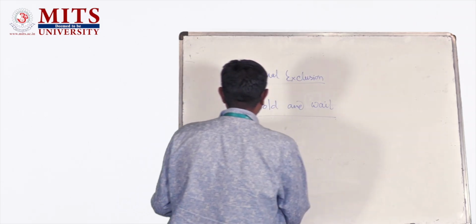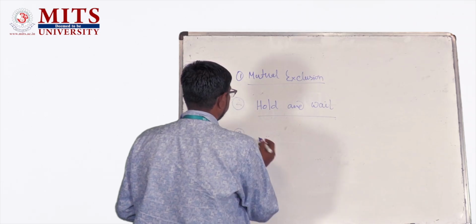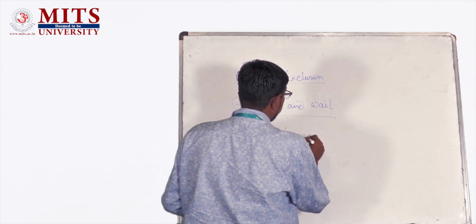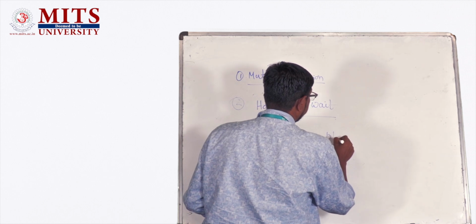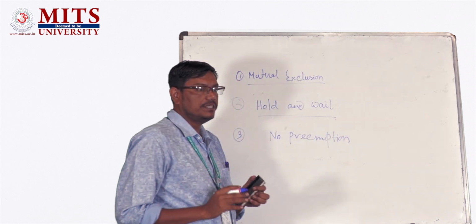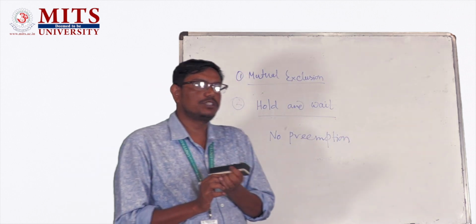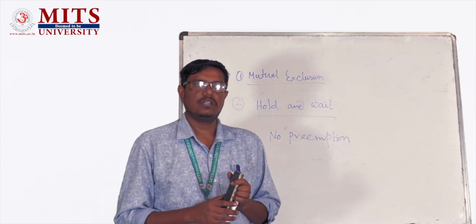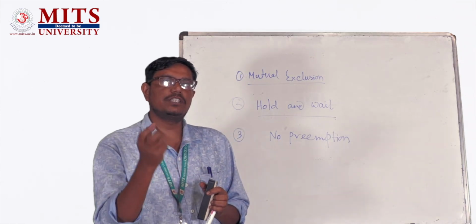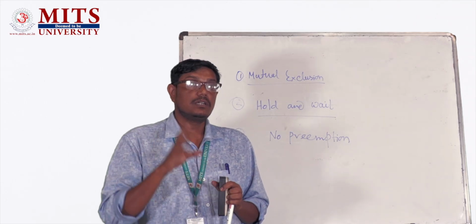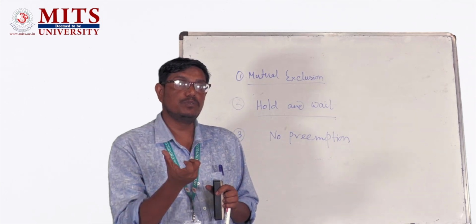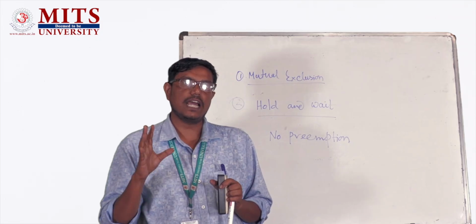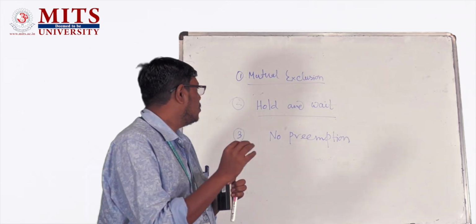What is the third condition? The third condition is no preemption. No preemption means if a resource is allocated to a particular process, and now another process needs this resource, we cannot forcefully take away the resource. That condition is called no preemption.